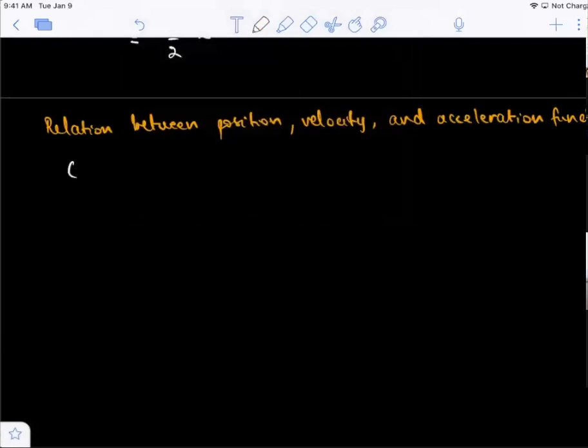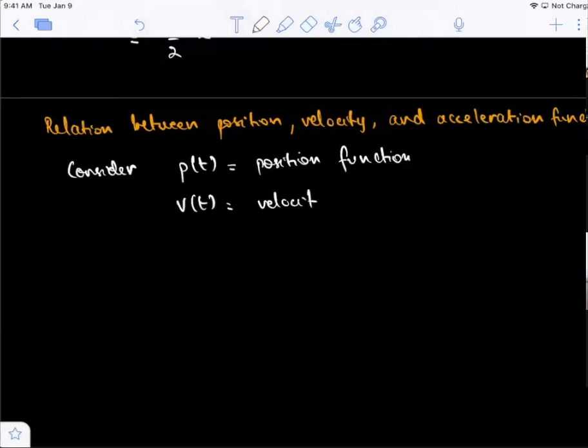So consider P of t to be the position function, V of t is the velocity function, and A of t is the acceleration function.